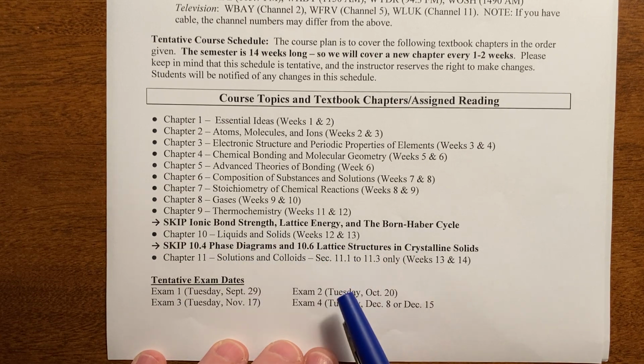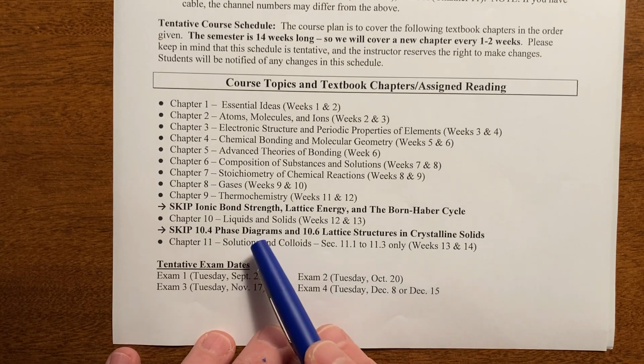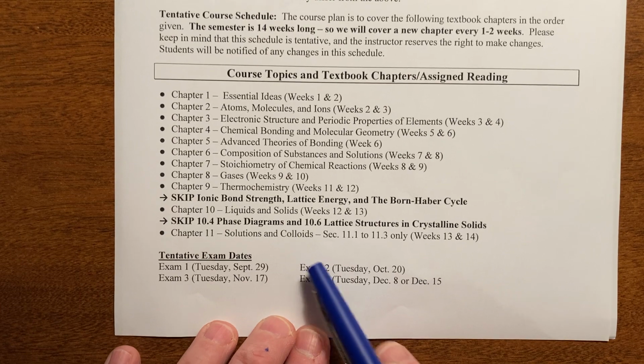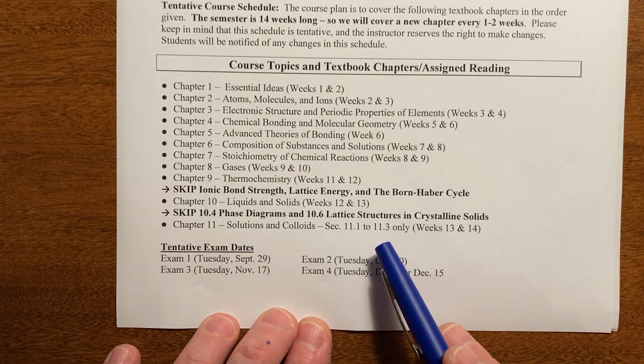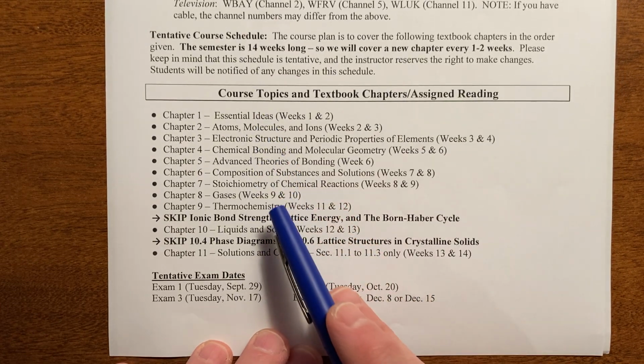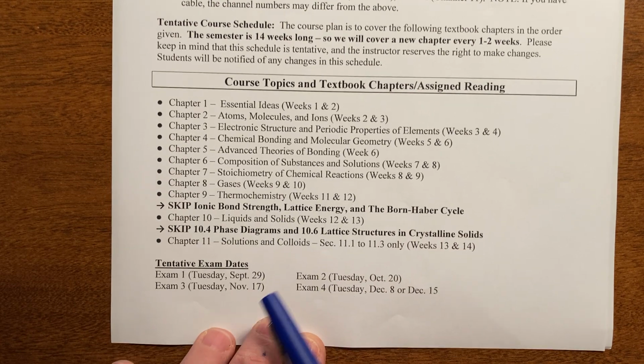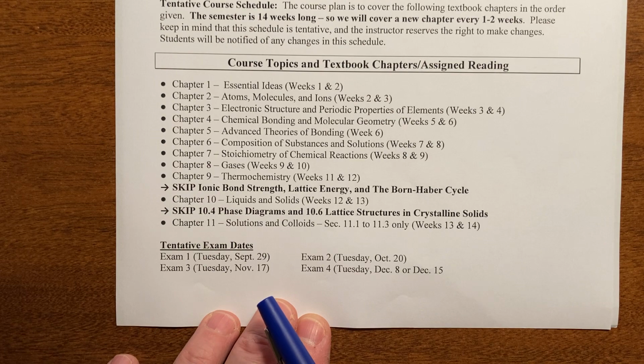That's maybe only 5 pages that we're skipping. In Chapter 10, we're going to skip the later parts, and in Chapter 11, we're only covering the beginning. So we're really only covering Chapters 1 through 9 in full, and at the end of the class, about half of Chapters 10 and 11.